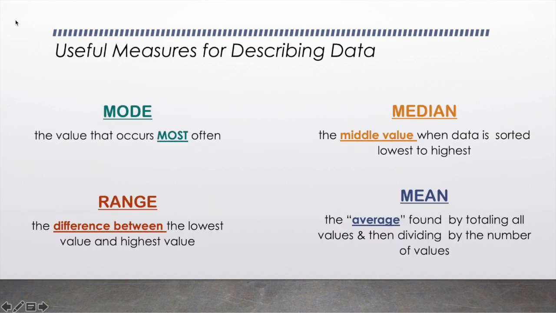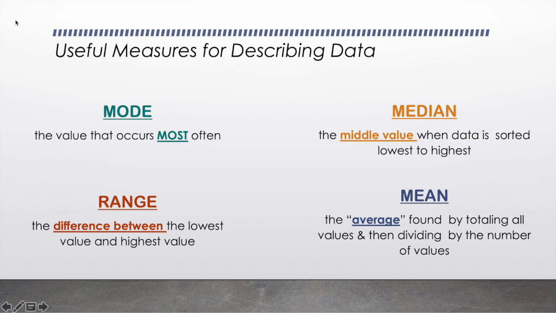Okay, so in Chapter 3, we are going through some different measures for describing data, and the first set of measures describe location, or trying to figure out where the center of the data set is. Those three would be the mean, median, and mode.